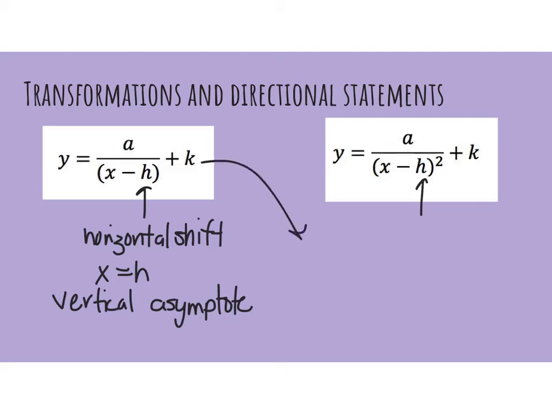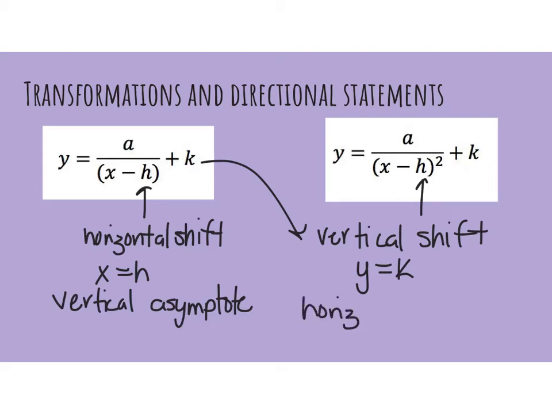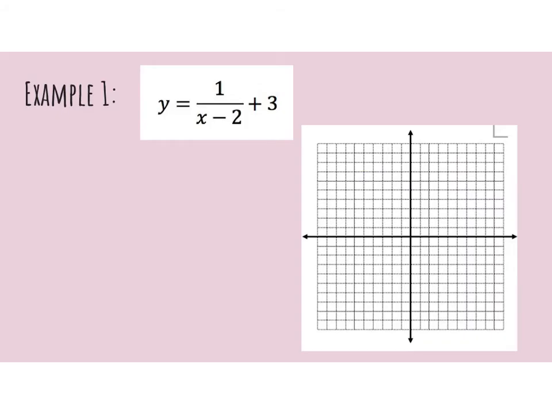The k, as we know, is our vertical shift. Therefore, that controls our horizontal asymptote. So as I move this graph up and down, we can see how those transformations are going to affect the range, the domain, and those end behaviors.